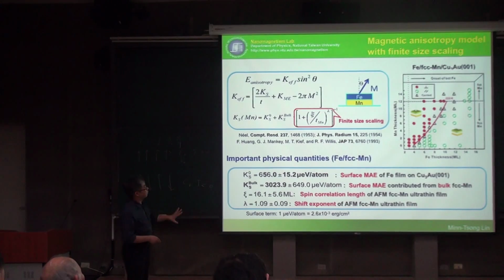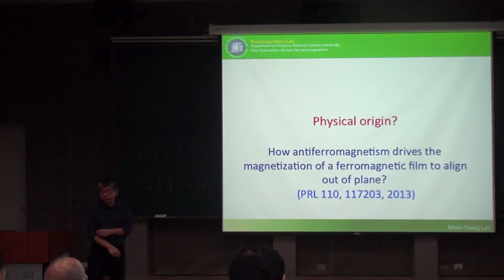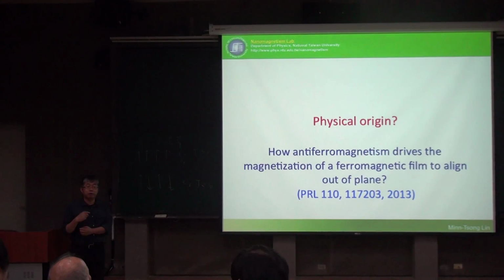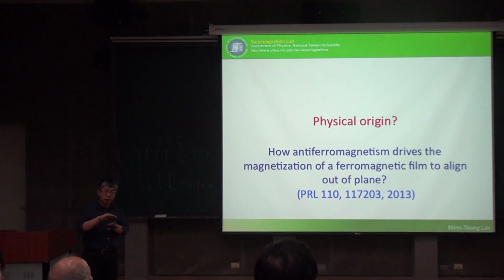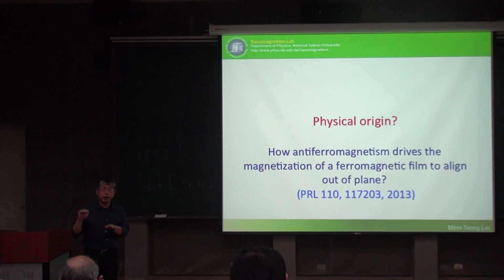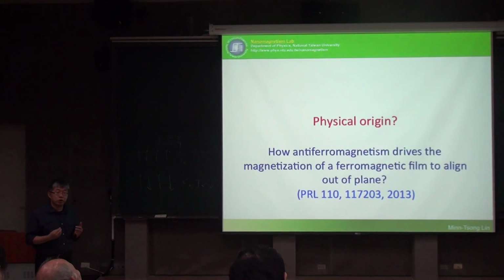So I will not go into the detail here. I will just show you the physical origin. And you will ask whether this perpendicular anisotropy could be simply due to the interface anisotropy because you change the interface. However, as you see, if I enhance the thickness of the magnesium, basically you enhance also the exchange coupling.